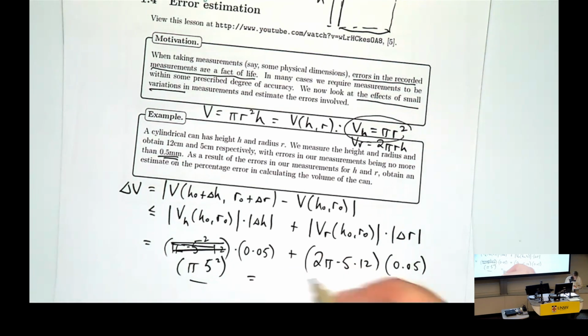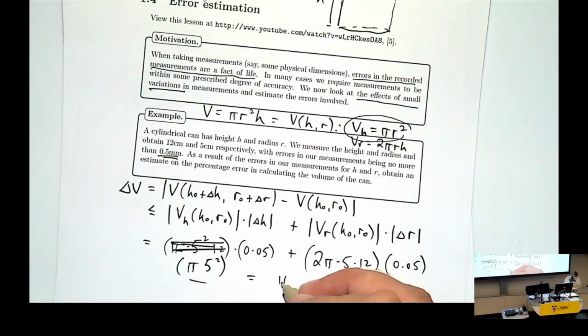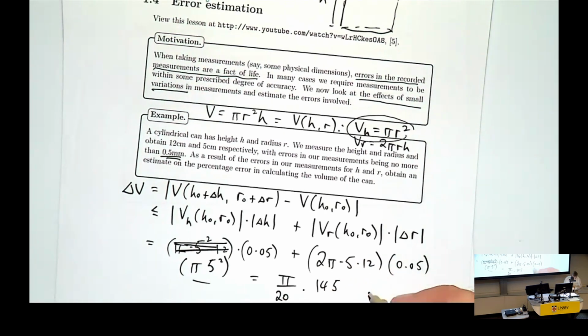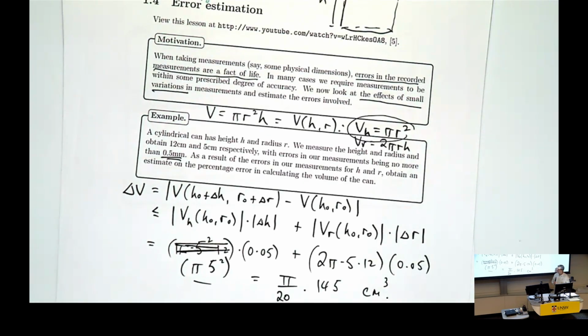So if, I'm going to write it as a fraction, but even in this form, right? You get something like this. Okay, I haven't simplified it. At the moment I don't care. So that gives you an estimate on the error. But they're asking us in the bottom line for an estimate on the percentage error.